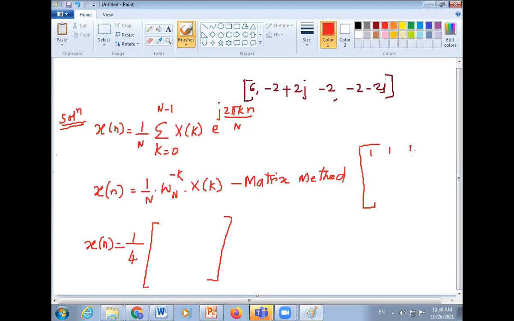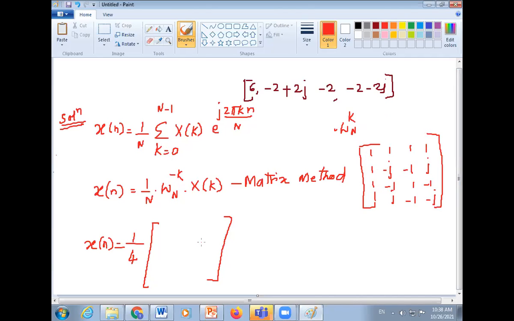First row and first column are 1. Then what about next? So this matrix I am writing for omega to the power nk, the positive term. So can you tell me what is here? Here it is minus j, -1 and j, and this is -1 1 -1, and this is j, -1 and minus j. Is this correct?